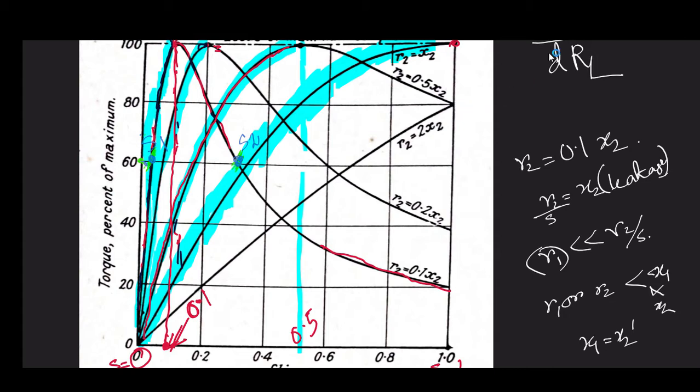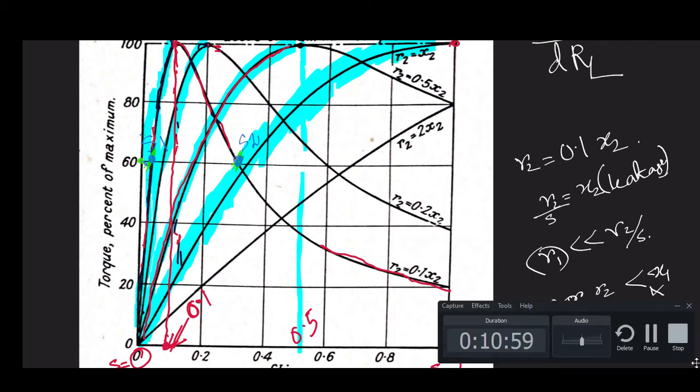You will get it somewhere here, when slip is greater than 1. And what is that range? That range is known as braking. Anyway, in this context, let me show you one more diagram that will help you to understand one thing.